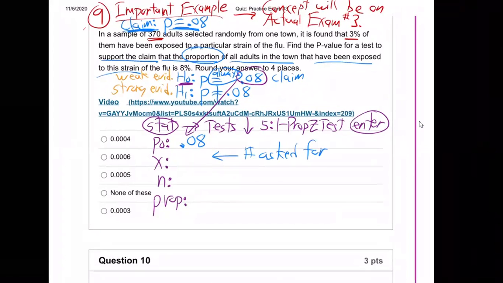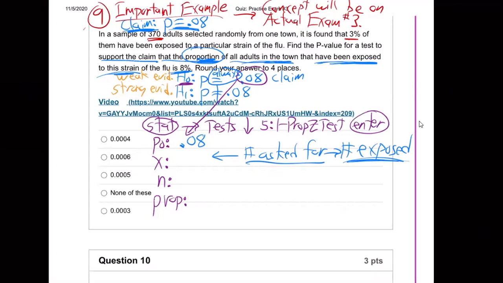So what are we even testing here? When they say number asked for, it means what are you testing? Well, the proportion of all adults that have been exposed to the strain of the flu. So the number exposed, right? That's the number they're asking us for. That's the number we're testing. We're trying to find out if the percentage of adults in the town that have been exposed to the strain of the flu is 8%, right?